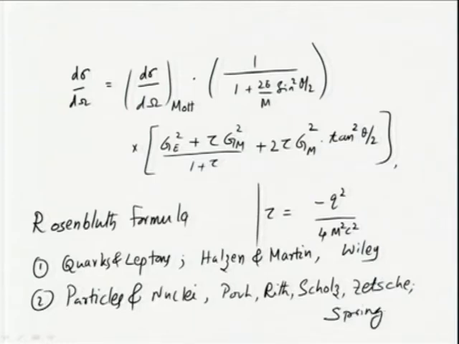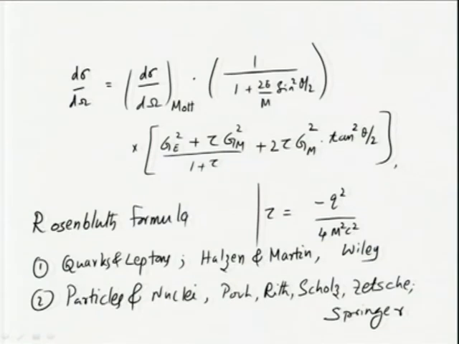So, the details of these calculations, they also give some justifications for various things, some amount of detail of these expressions, and then give further references there. Please look at it if you are interested in going into the details and understanding how you arrive at these expressions, the Rosenbluth formula.